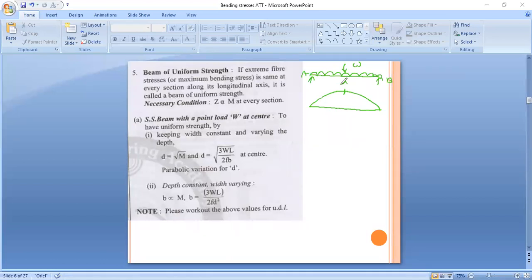Vaibhavi Kamble, what is the maximum bending moment for this particular condition?